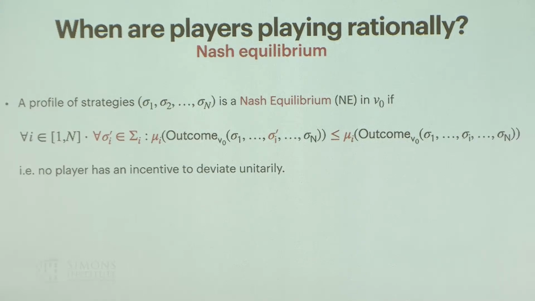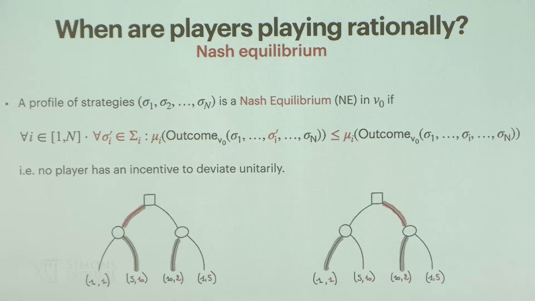Okay, and so this is something that you may expect to see emerging in the behavior of agents that are rational. Let's take some examples. Here I have a simple game that I duplicated here, with two players. There are two different strategies for the square player, and four different strategies for the circle player, right?